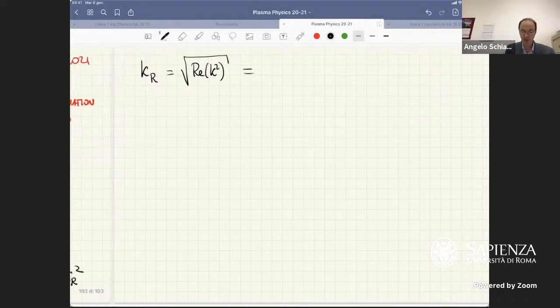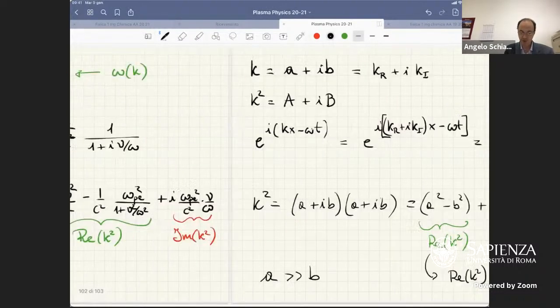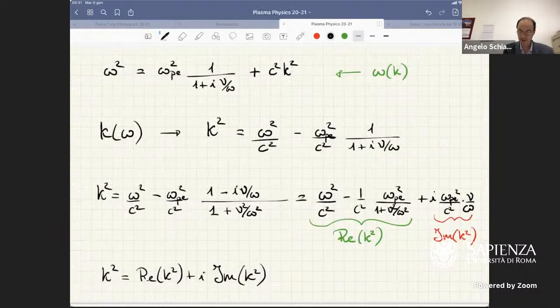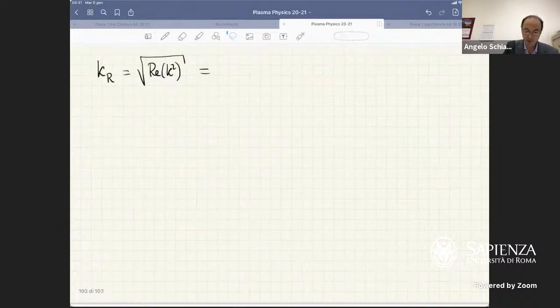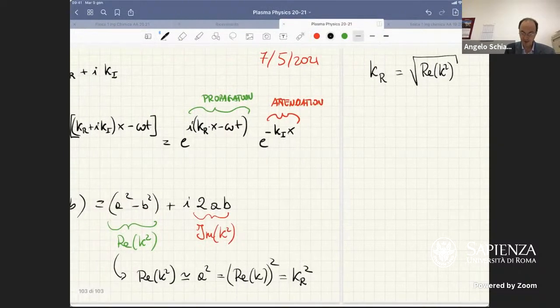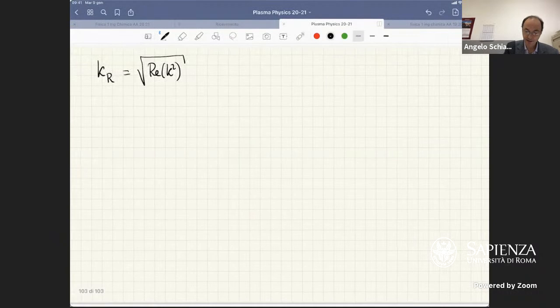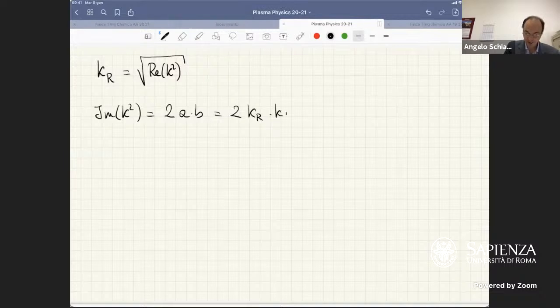And if we go back to what this k squared was, okay, let's leave it for now. If we look at the imaginary part, we see that the imaginary part of k squared is equal to 2a times b, which is equal to 2 kr times ki.